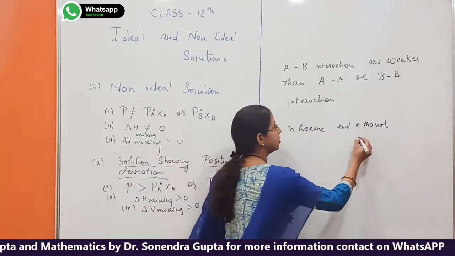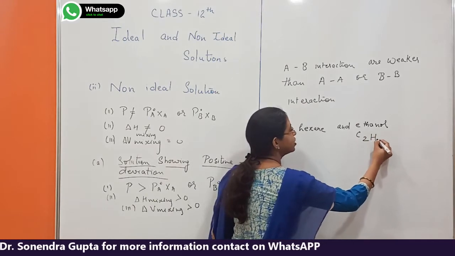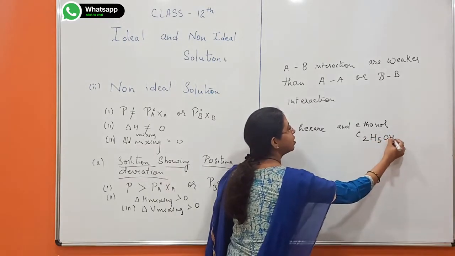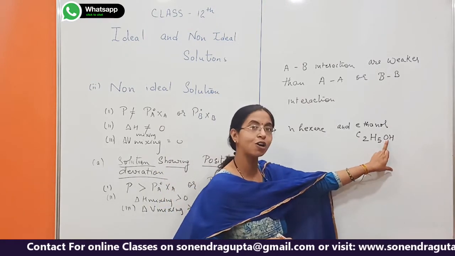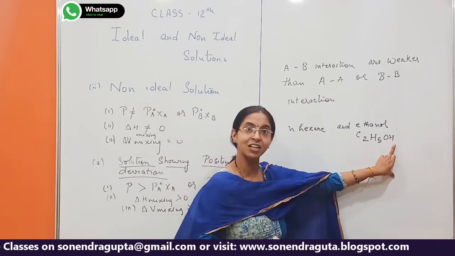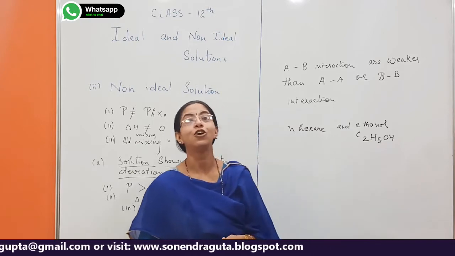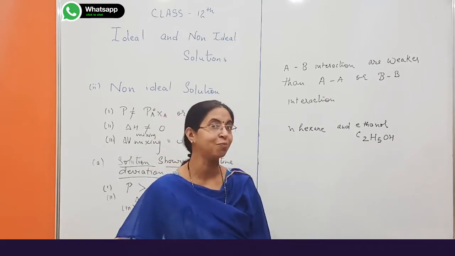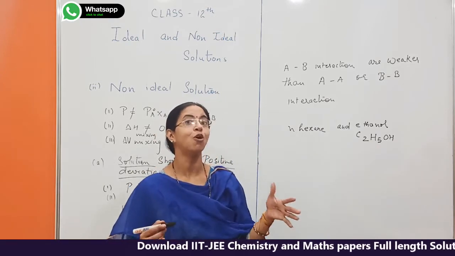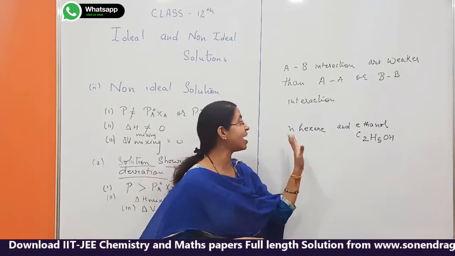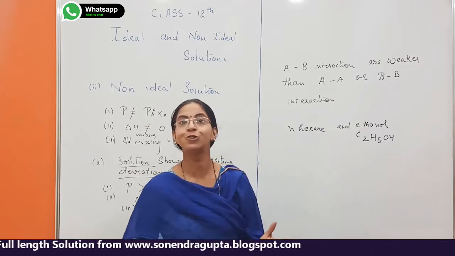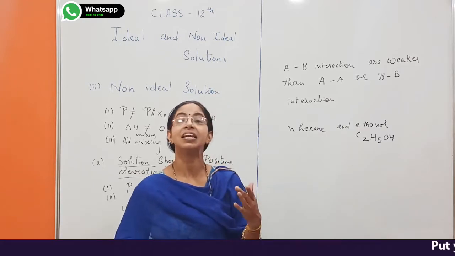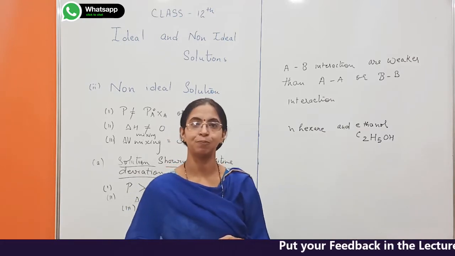In C2H5OH there is one oxygen atom and one hydrogen atom, and they form a hydrogen bond between them. So, the bond is strong. But when N-hexane is mixed with ethanol, there is no hydrogen bonding. So, the interaction becomes weaker.